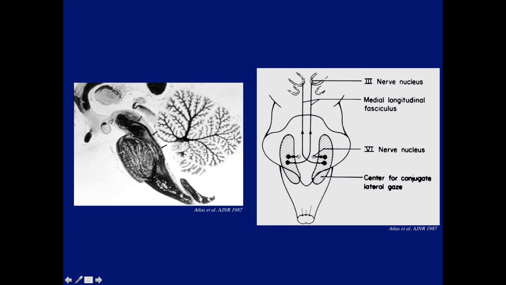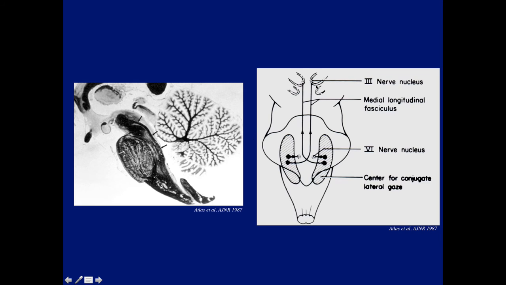So again, if we look here in this sagittal image, this is the MLF. It's a long structure extending from the level of the collicula all the way down to the level of the sixth nerve.